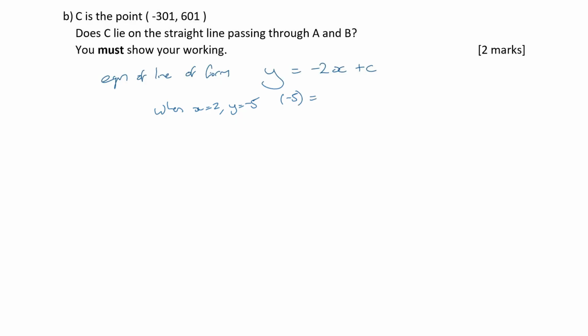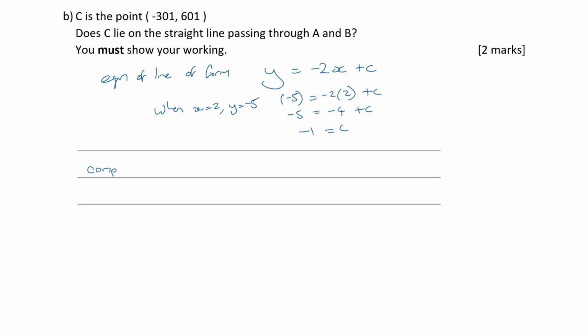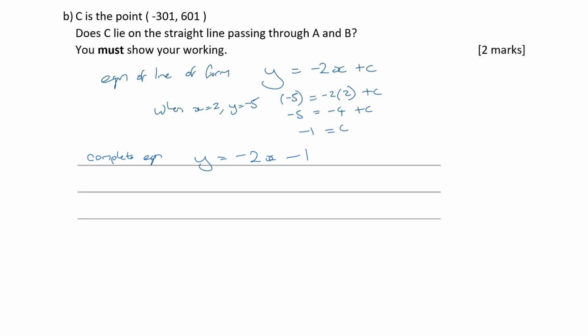So minus 5 equals minus 2 lots of 2 plus c. So negative 5 equals negative 4 plus c. That gives me a value of c of negative 5 plus 4, which is negative 1. So our completed equation is going to be y equals minus 2x minus 1.